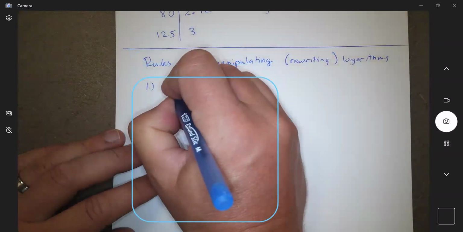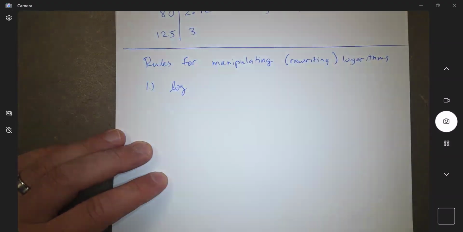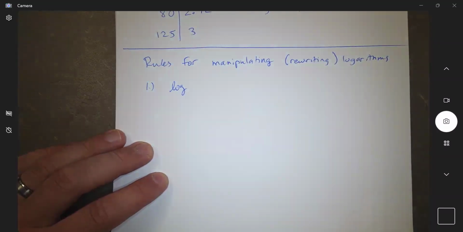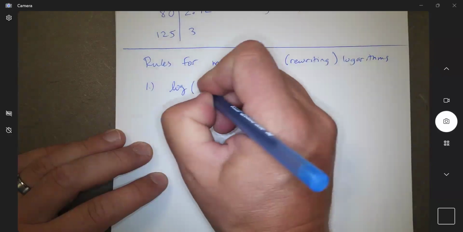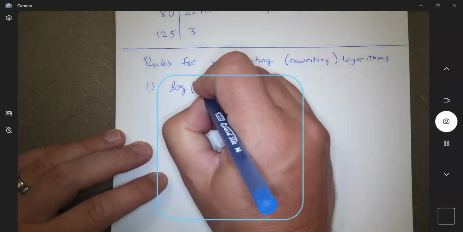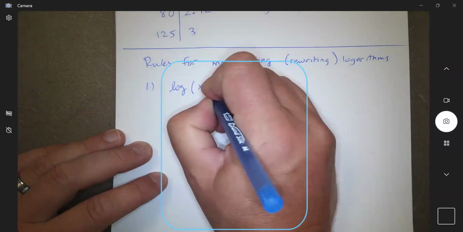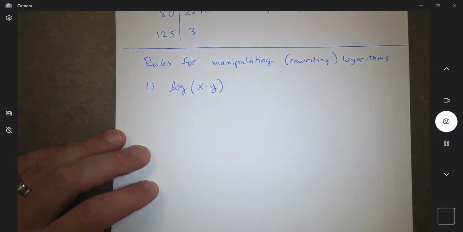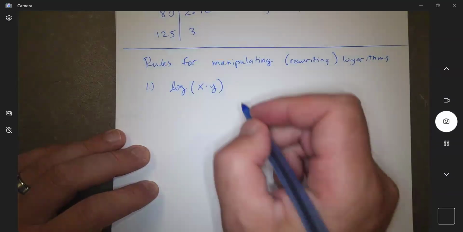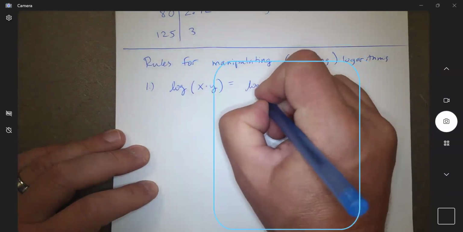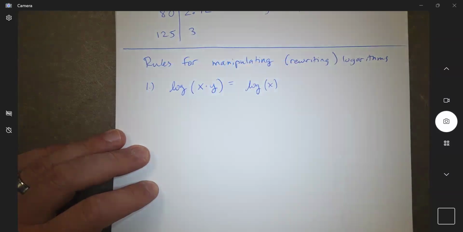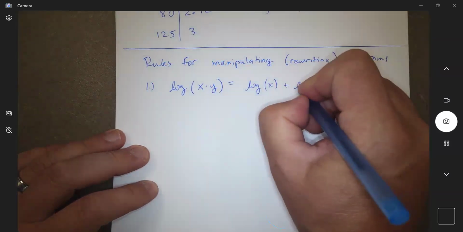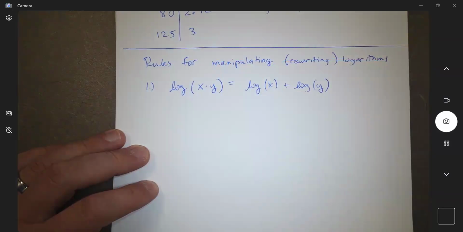The first one is, if I take a log, it doesn't matter what base it is, I'm going to get lazy and not write a base. And I put two different numbers in there. I put an x times a y inside of a logarithm. I can rewrite that as adding the log of x plus the log of y.